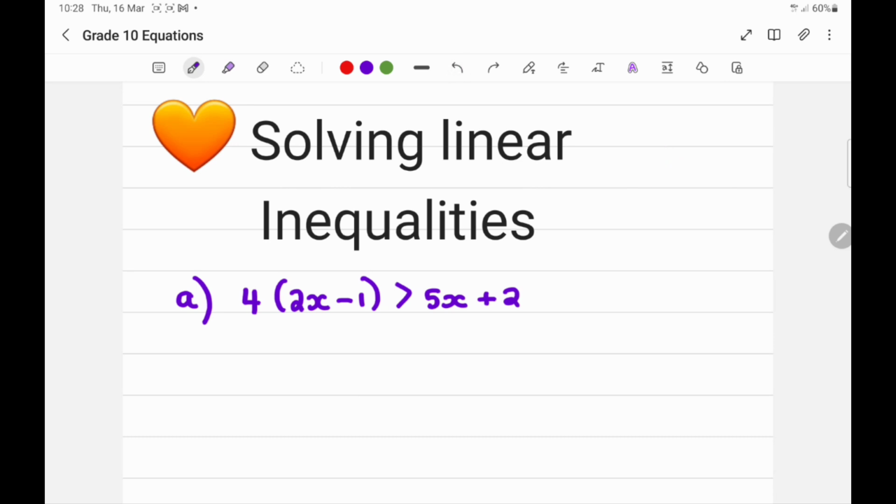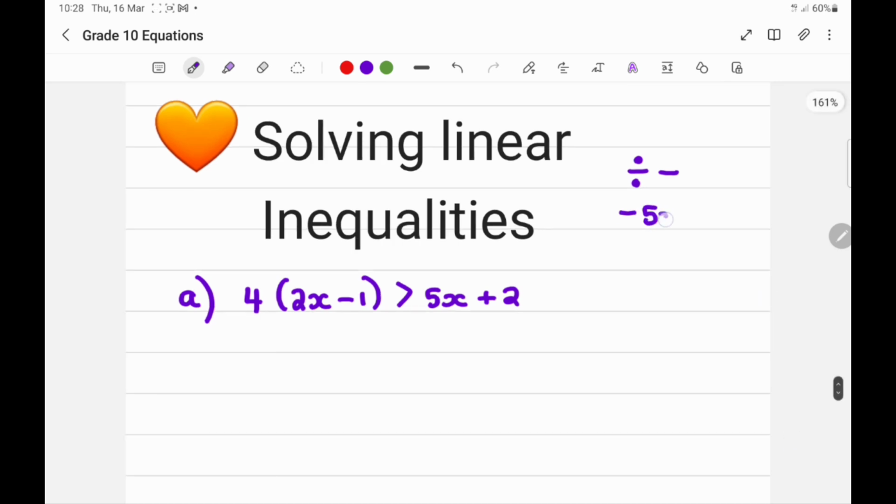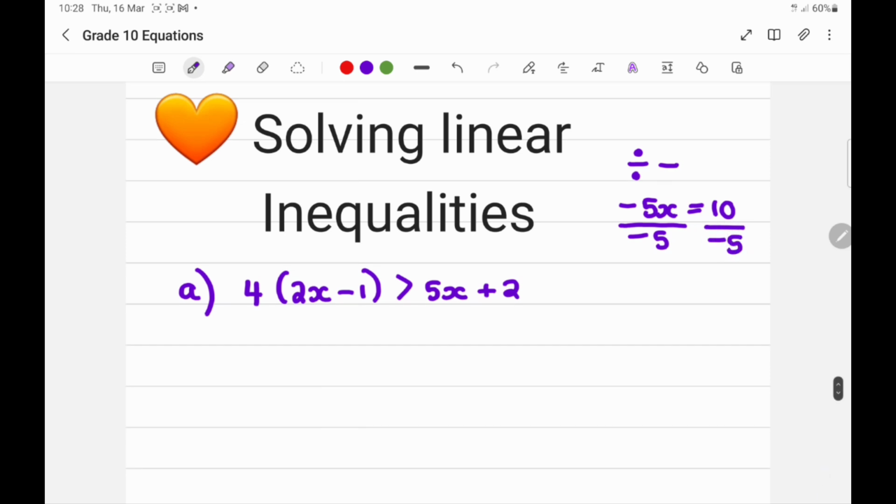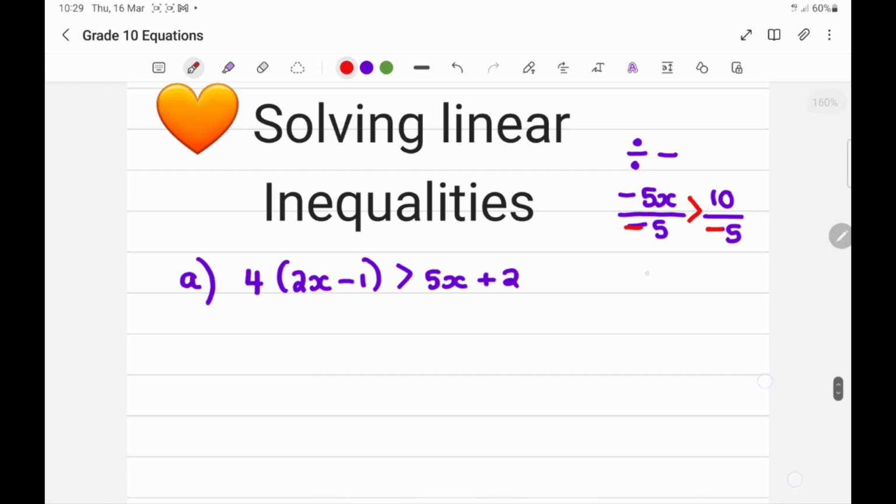Something very important that we need to note: when you divide with a negative, like let's say negative 5x is less than 10, and you divide with a negative 5, then immediately your inequality sign has to swap directions.